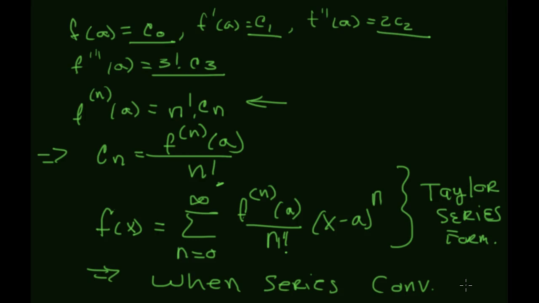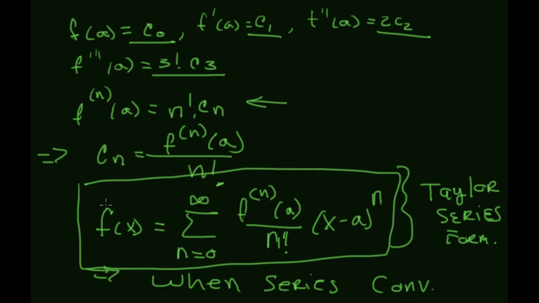What I have done is essentially turn any analytic function that's differentiable into a sum of terms, and I know the coefficients for it. Basically, I've turned it into something that looks like a polynomial, which is actually useful for doing calculations, and we'll get into some of that a little bit later on, but that's what's going on here. So this is basically a Taylor series.